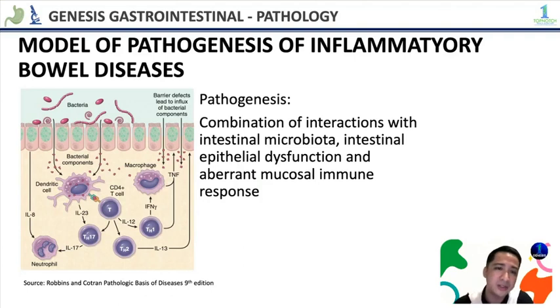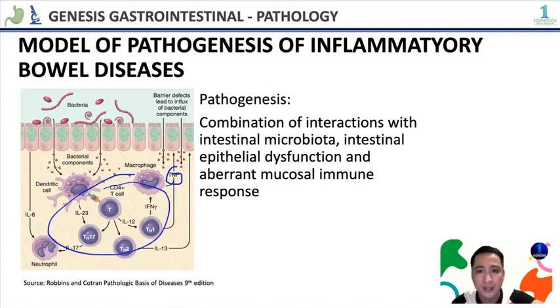One of the models that will unify this is the model wherein the intestinal microbiota, epithelial function, and mucosal immunity suggest a component that will activate the innate and adaptive immune response. Usually in a genetically susceptible host, the subsequent release of tumor necrosis factor and other immune-mediated responses will direct signals to the epithelia to increase the tight junction permeability.